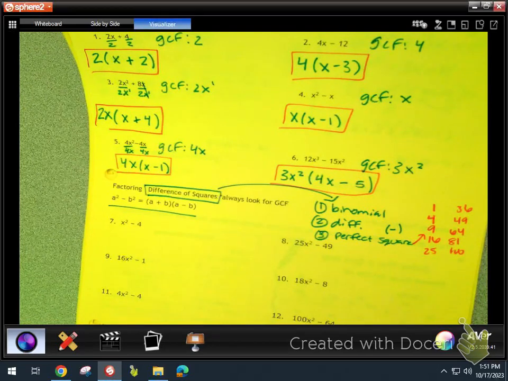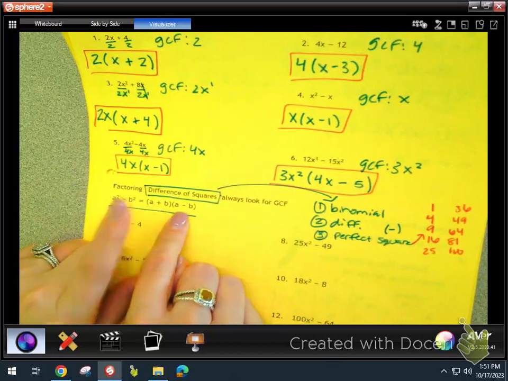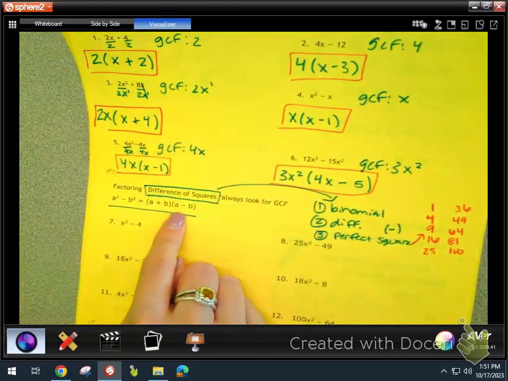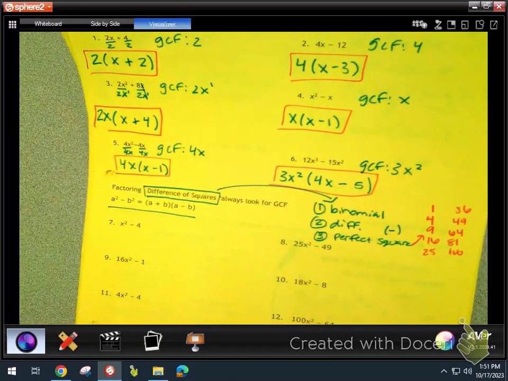And if you're in that situation, it's a binomial, has to have an x squared, with a difference, and the coefficients are these perfect squares, then you can follow this pattern. The way the pattern works out is that your two factors end up being exactly the same. The first term and the second term are identical, but one has a plus and one has a minus.